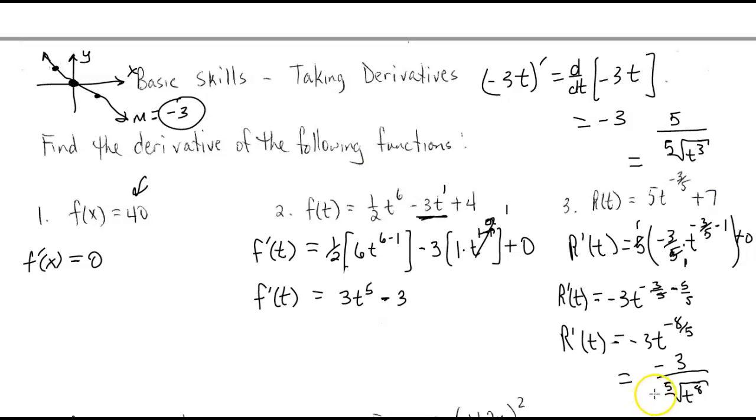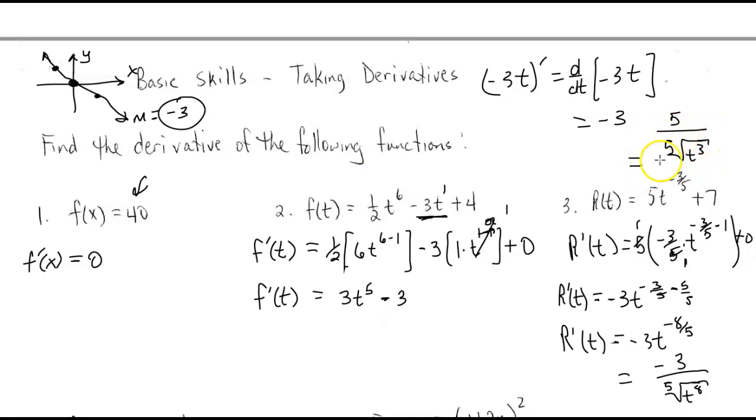So this would be like t times the 5th root of t cubed, if you simplify that. And here also we could simplify this, and this would be like 5 divided by t times the 5th root of t squared, if you really wanted to get technical.